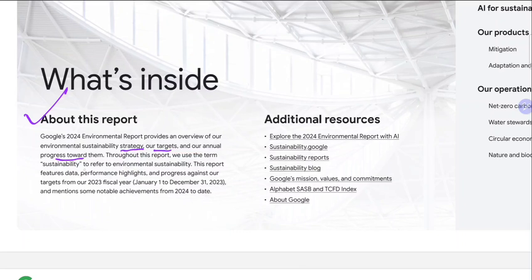We use the term sustainability to refer to environmental sustainability, and this report features performance highlights and progress against our targets for the 2023 fiscal year, from January 1st to December 31st, and mentions some notable achievements in 2024 also.